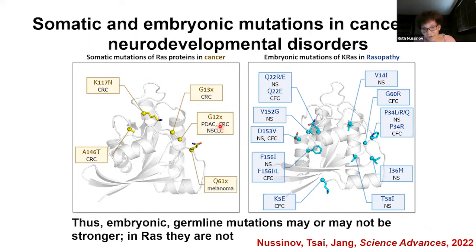Here we see the strong G12 mutations, and I should say this is cancer, but just now, Kevin Shokat said that he is focusing on developing an inhibitor for G12S serine, which is a mutation. These are cancer, which is a mutation in rasopathy. So same mutation. So embryonic germline mutations may or may not be stronger. In RAS, they are not.